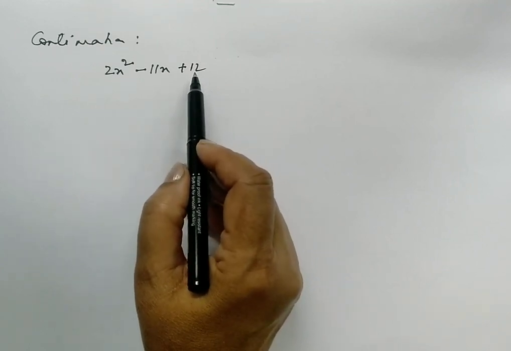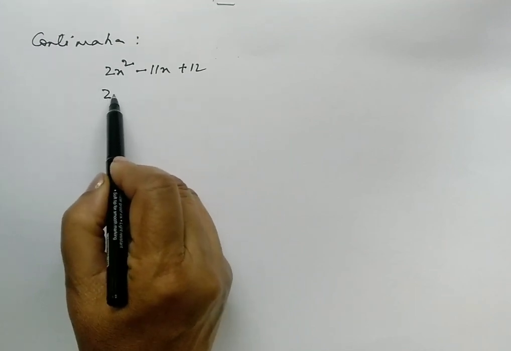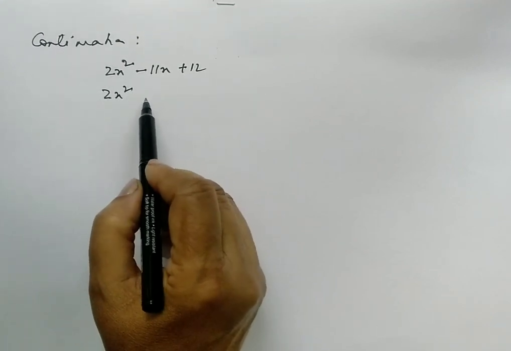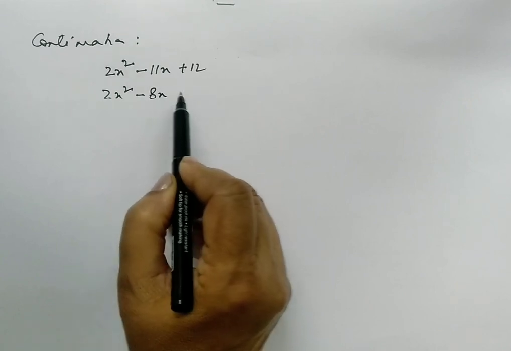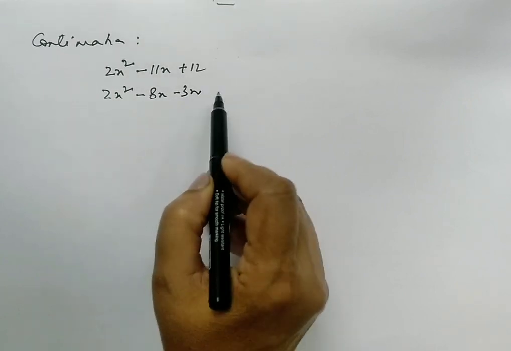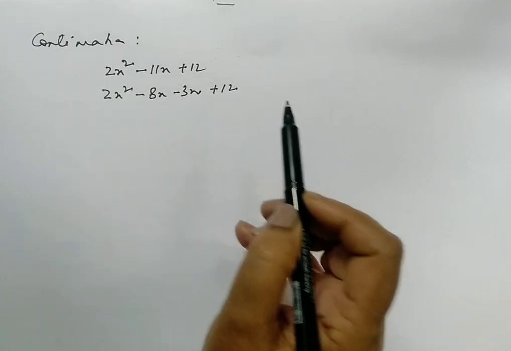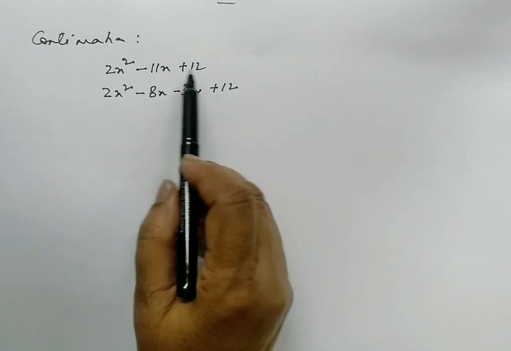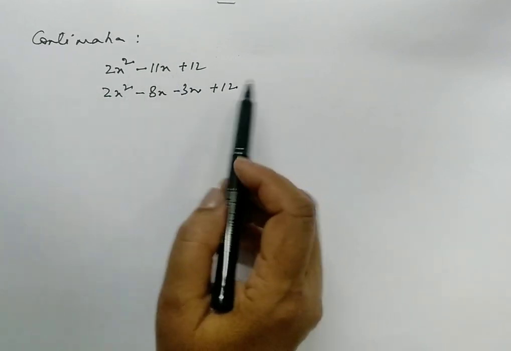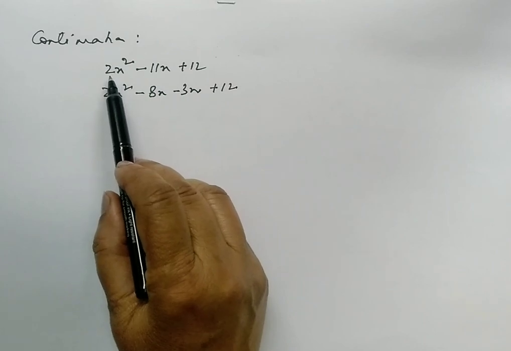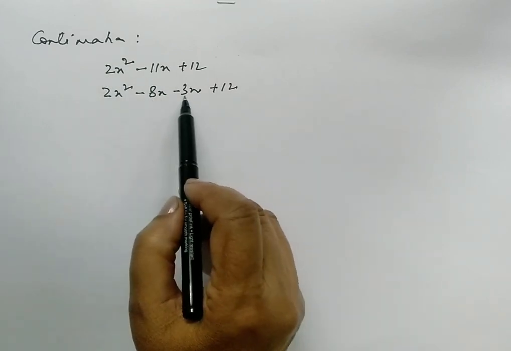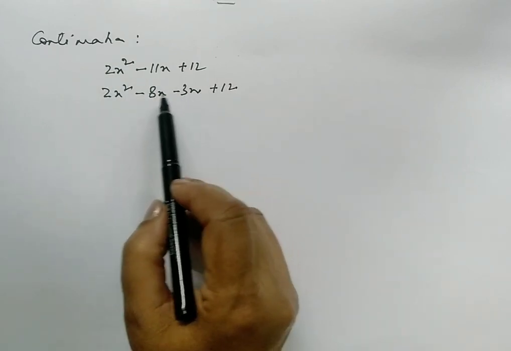And how do we do it? It's like this: 2x square minus 8x minus 3x plus 12. Yes, you're right. This is middle term break or split method. 12 twos are 24 and 8 into 3 is also 24.